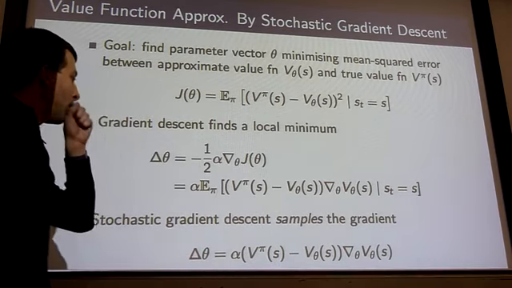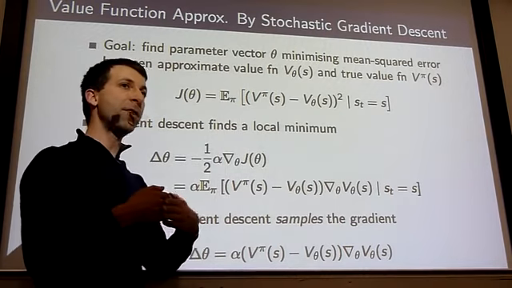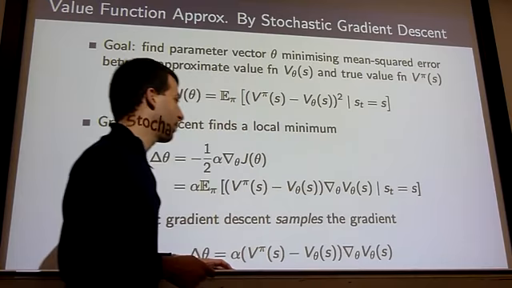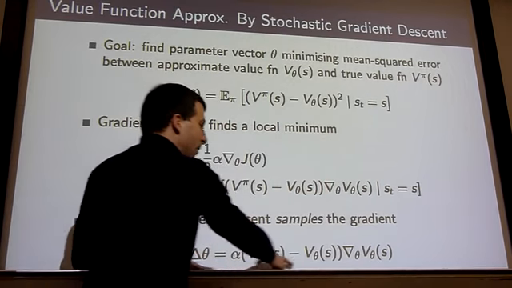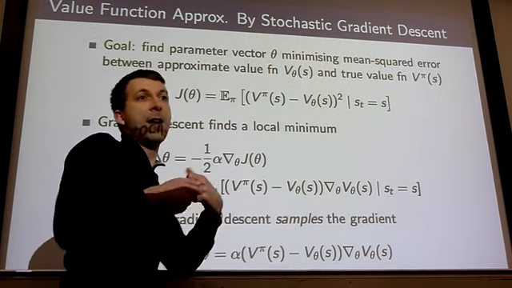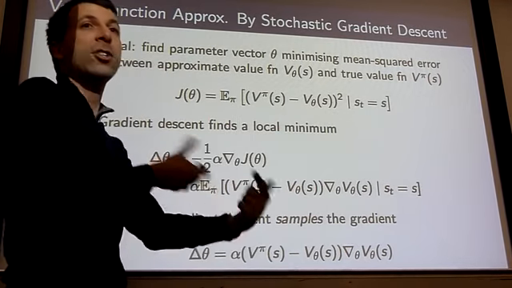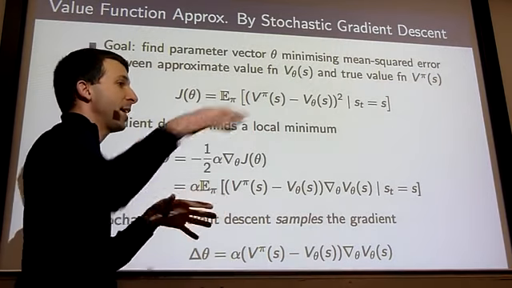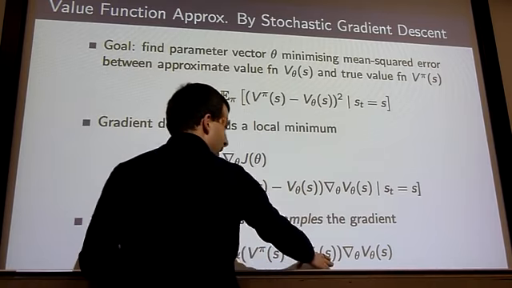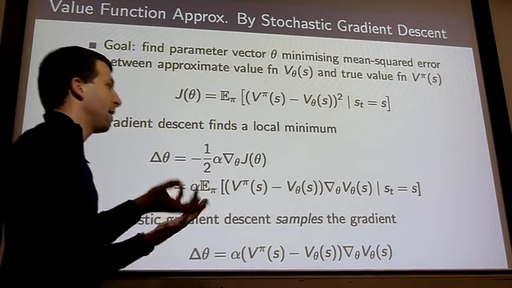So we're going to push the parameters a little bit in the direction of that error, multiplied by the gradient of our function approximator. You can think of this as a term telling you how big the error is that you've made, and this is a term telling you how to adjust your parameters in the direction of that error. So should I move my parameters this way or that way in order to change the error? So this is how big the error is, and this is how to update the value function.